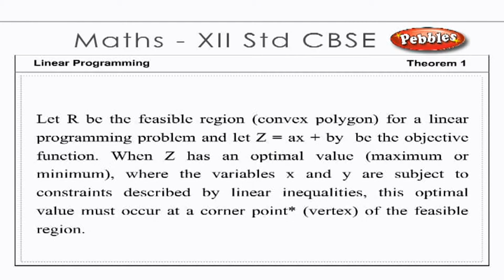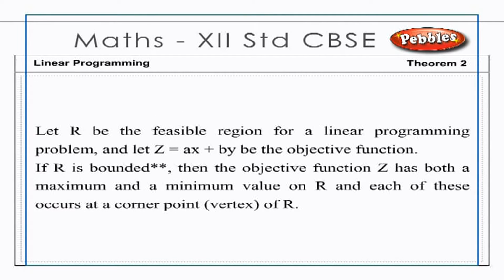Theorem 1. Let R be the feasible region, that is the convex polygon, for a linear programming problem, and let Z equal to ax plus by be the objective function. When Z has an optimal value, maximum or minimum, where the variables x and y are subject to constraints described by linear inequalities, this optimal value must occur at a corner point, vertex, of the feasible region.